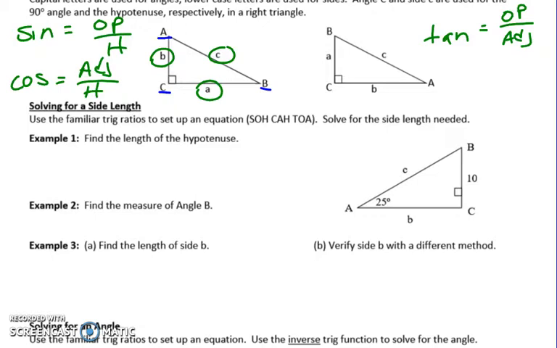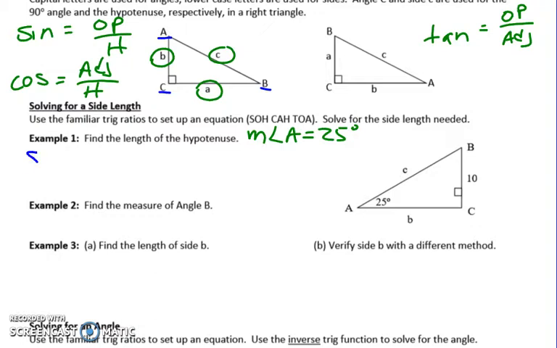So, if we're going to find the hypotenuse of this given triangle here, ACB, where we're given that angle A is 25 degrees and side a is 10. So using that information, we can solve for the hypotenuse using sine, because we know the opposite and the hypotenuse.